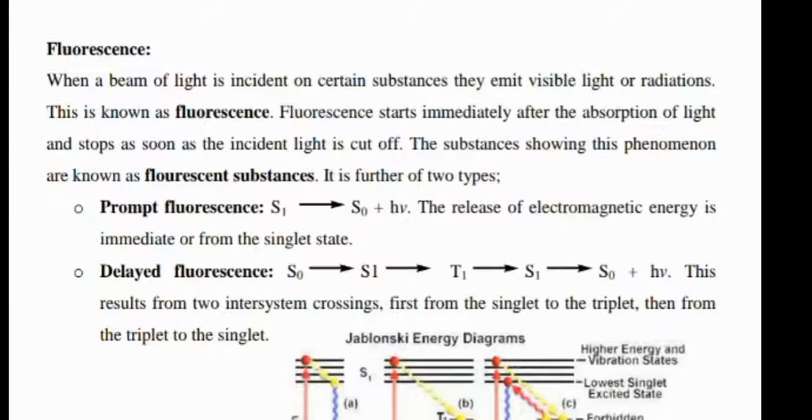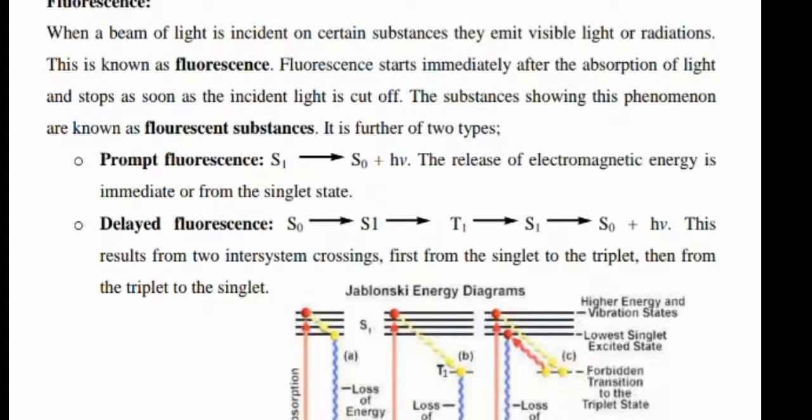This is known as fluorescence, and fluorescence starts immediately after the absorption of light and stops as soon as the incident light is cut off. The substances showing this phenomenon are known as fluorescent substances, and fluorescence is of two further types. First is prompt fluorescence, second is delayed fluorescence.